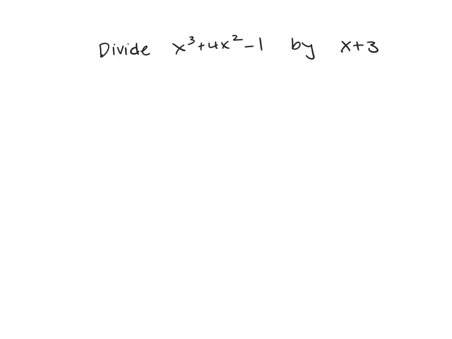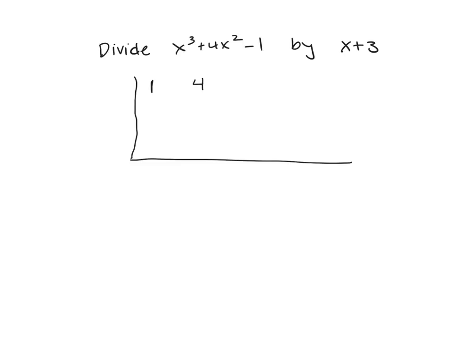So let's do another example, and it would be great for you to give this a try on your own, but before you do that, let's just refresh on setting this up. So first I have x cubed, so I'm going to put a 1 for the coefficient of x cubed. Then I have 4x squared, and the coefficient is 4.